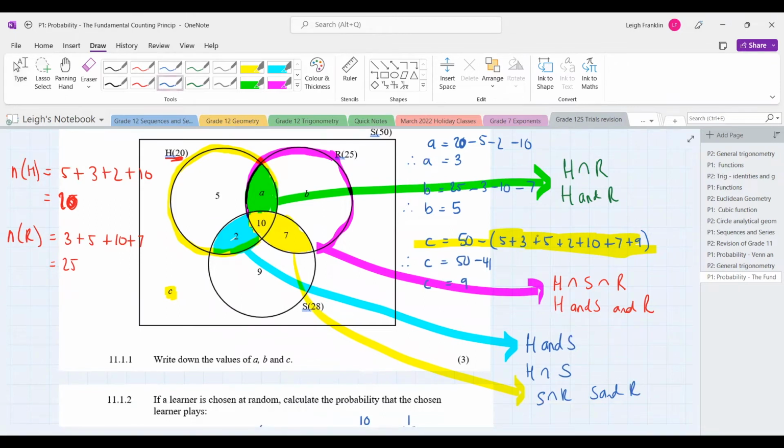If I talk about this bit over here, which I'm going to highlight, what does that mean? The yellow stripes, how would I describe that in words?